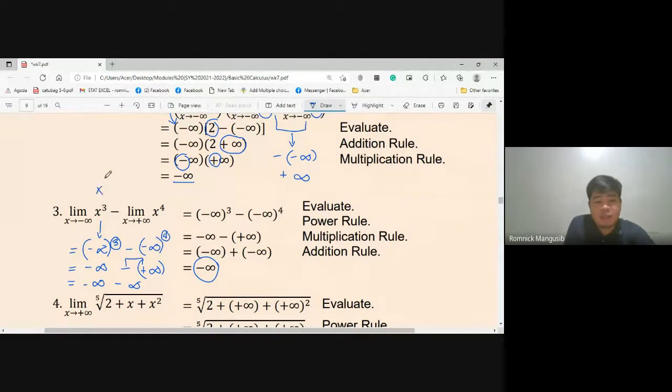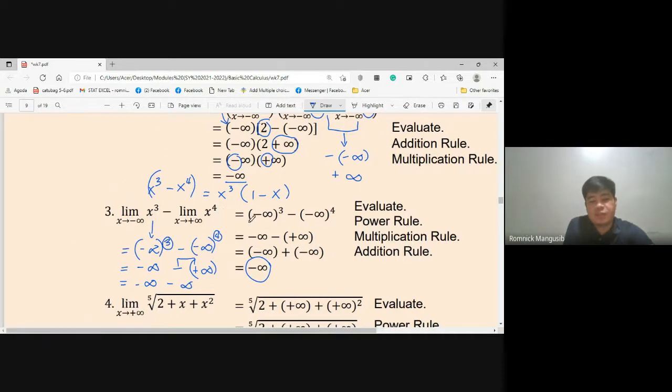Nakikita mo naman na ang x cubed minus x raised to 4 ay pwedeng maging x cubed times 1 minus x. If you're going to distribute this one, x cubed times 1 is x cubed. X cubed times negative x is negative x raised to 4. So mula kay x cubed at kay 1 minus x, tignan natin.